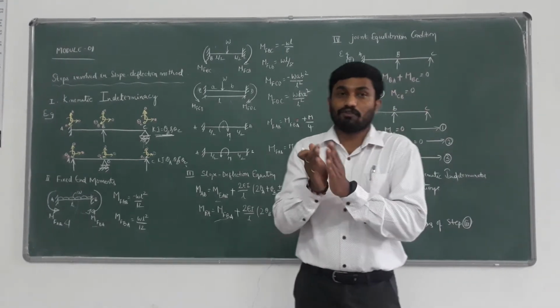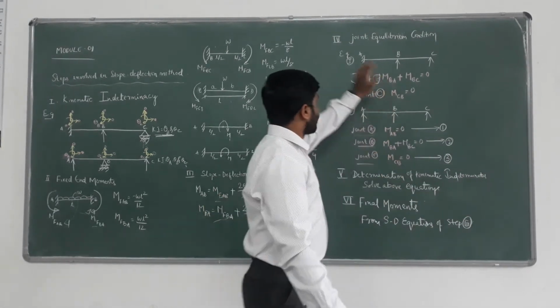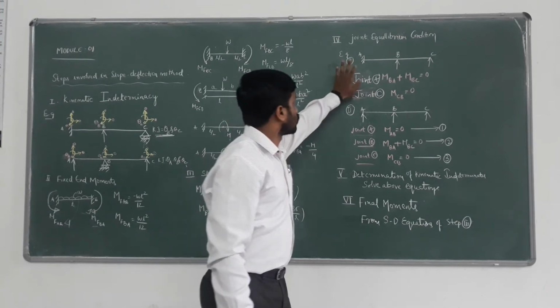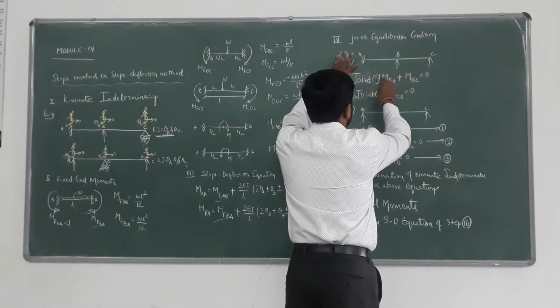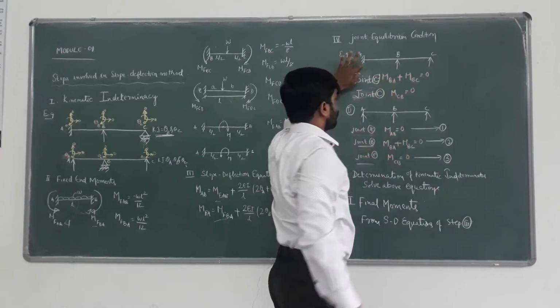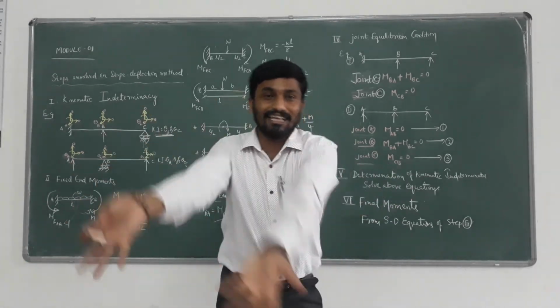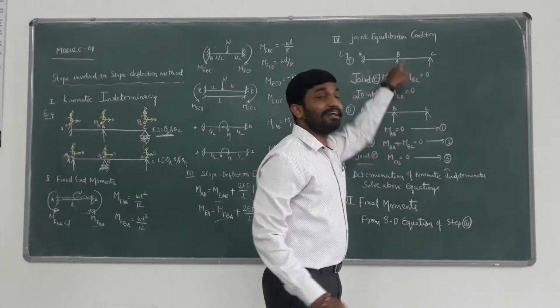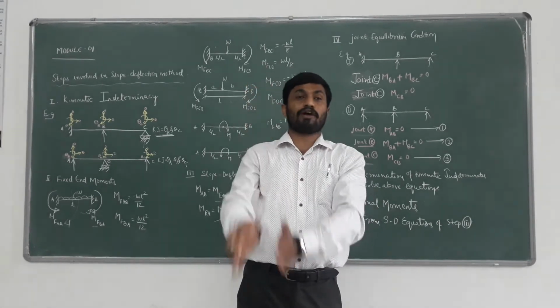If you are having fixity, there is no displacement. For example, if you consider this continuous beam, joint A is fixed, so there is no displacement. So this is not required to be considered as a joint equilibrium because it's already in equilibrium. But joint B is an intermediate support, it's not in equilibrium. We have to bring the joint into equilibrium.